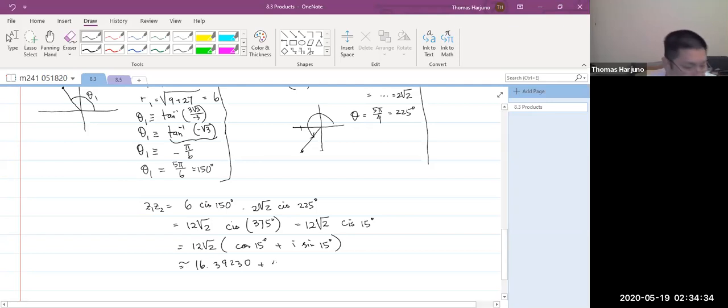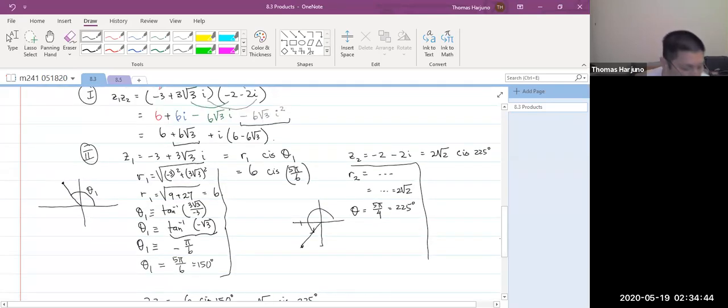I get 4.39230i. Compare with the top here. What is 6 plus 6 radical 3?